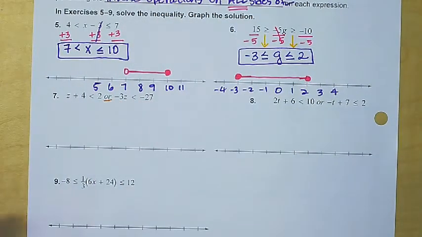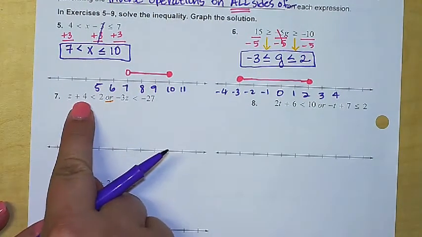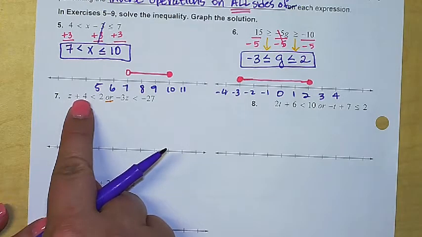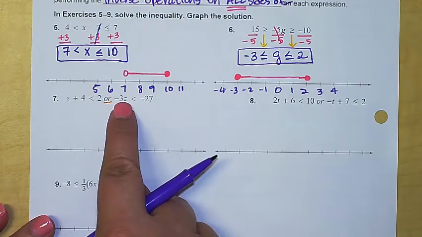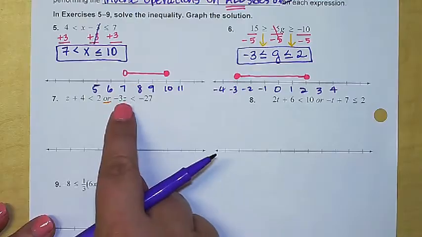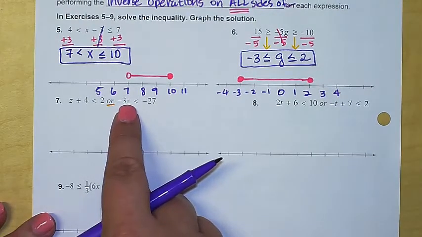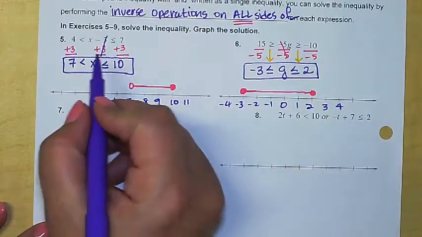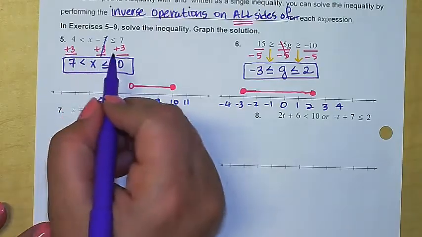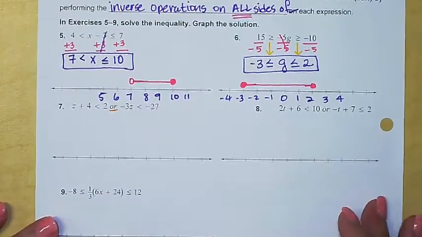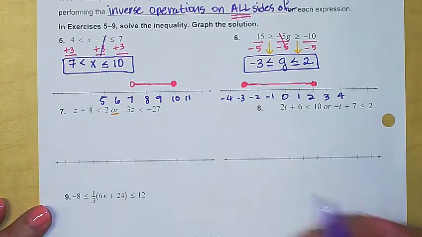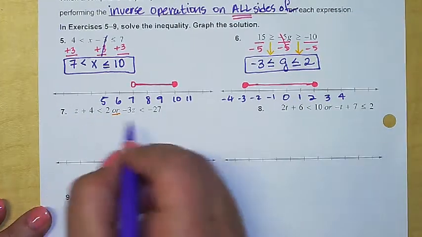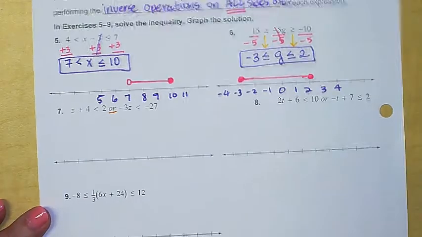And if you notice, the work that I would do here to get z alone, which would be a -4 to get rid of that, is not the same work that I would do on this inequality that is being multiplied by -3. So in the or statements, unless they're identical, but most of the time they're not, we don't have the option of just like, oh, I'll just do the same thing on all sides. And really, again, I'm going to say it one more time, or statements are just two inequalities being solved, but just graphed on the same number line.